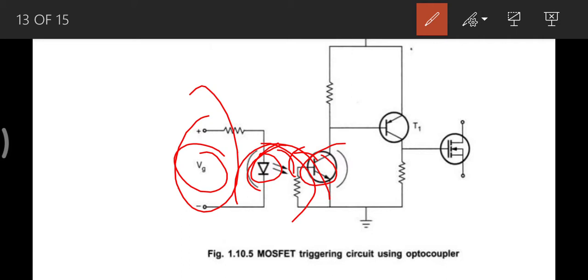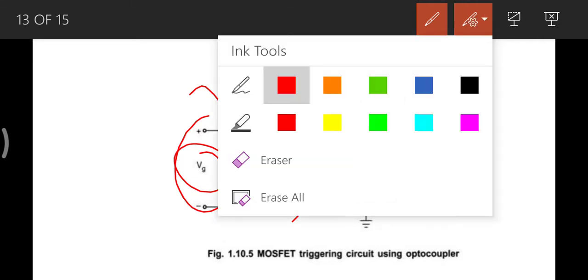At that time T1 turns off, the MOSFET gate voltage becomes 0, and the MOSFET turns off. Thus this is the gate driving circuit using optocouplers. So once again I am repeating this.